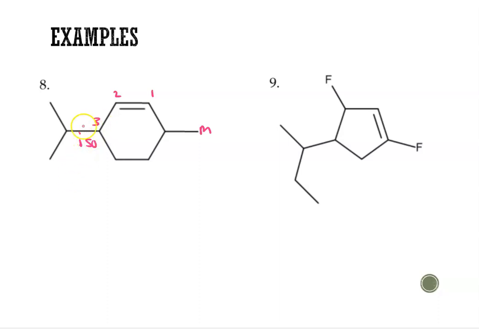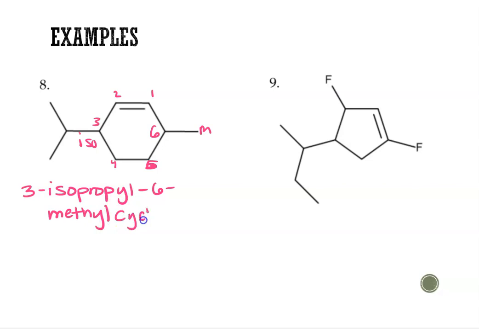So this is going to be 3-isopropyl, 4, 5, 6-methyl cyclohexene.